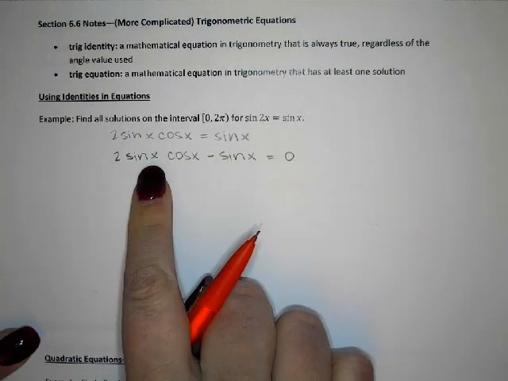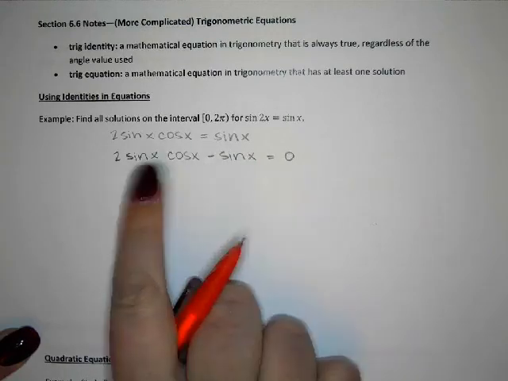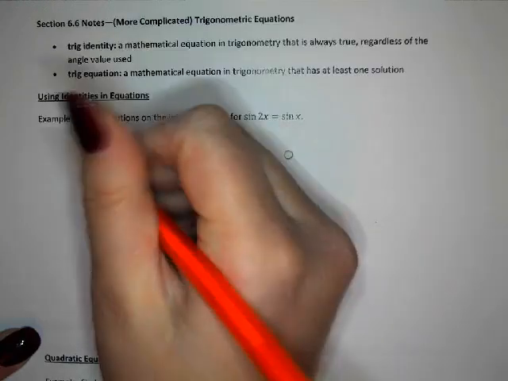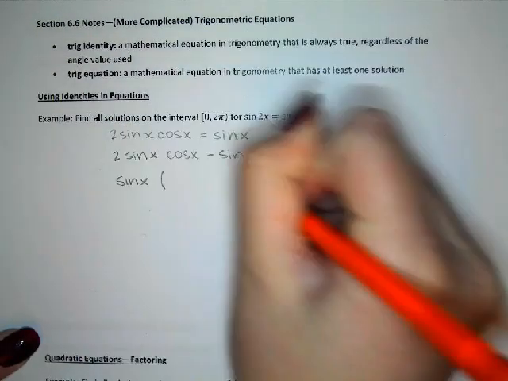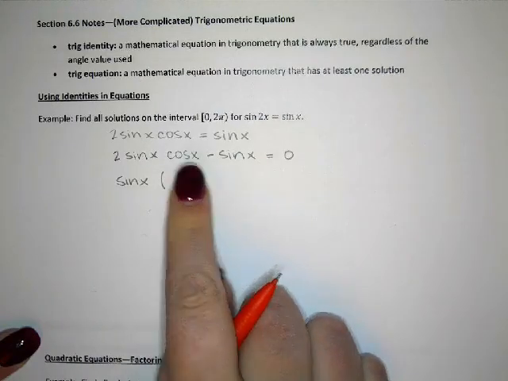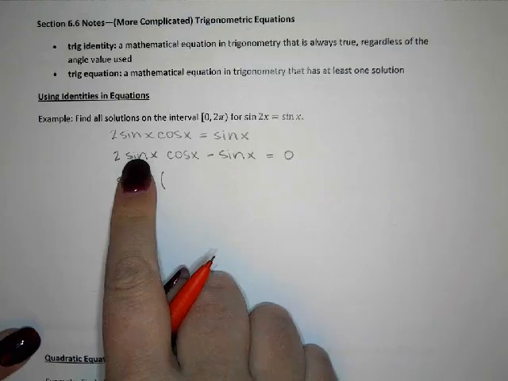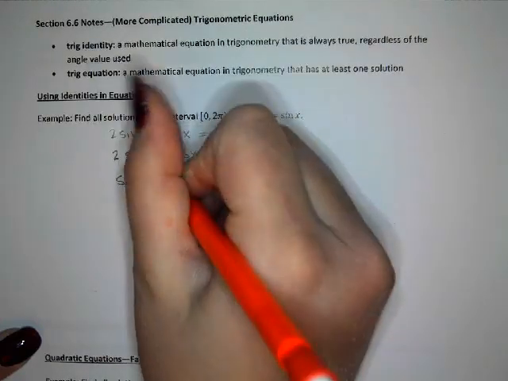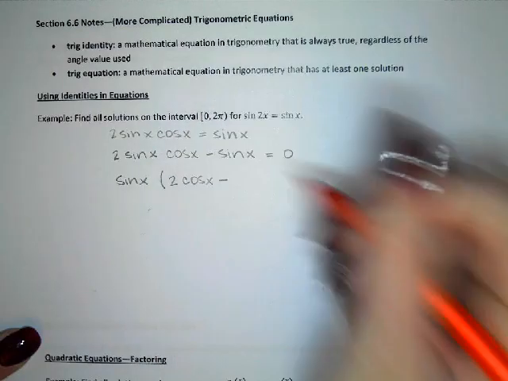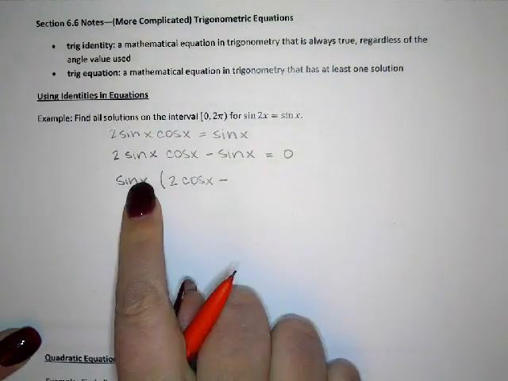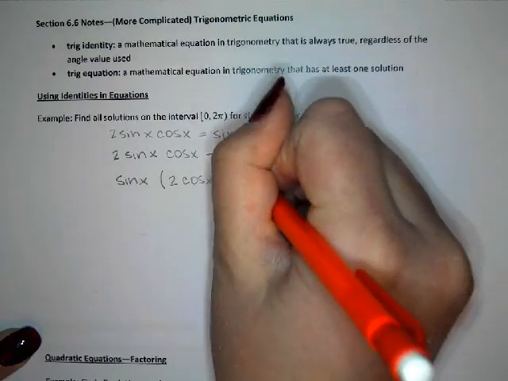Between this first term and this second term, I have a GCF of sine x. So I'm going to factor out the sine x, and then write what's left over. 2 sine x cos x with the sine x factored out will leave a 2 and a cos x behind. And then sine x divided by sine x will leave just a 1 behind, kind of as a placeholder.